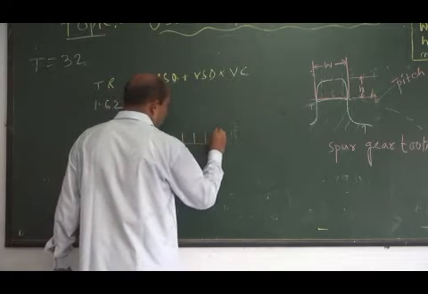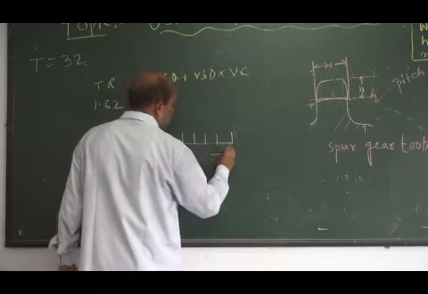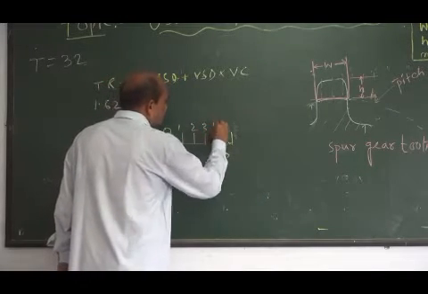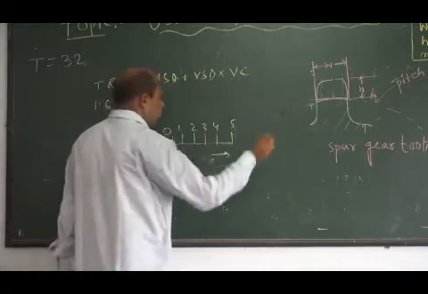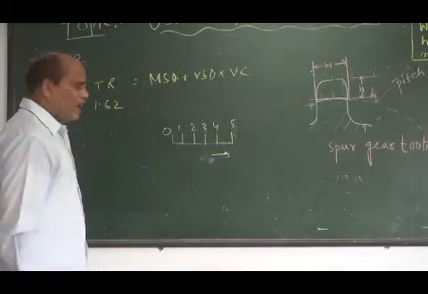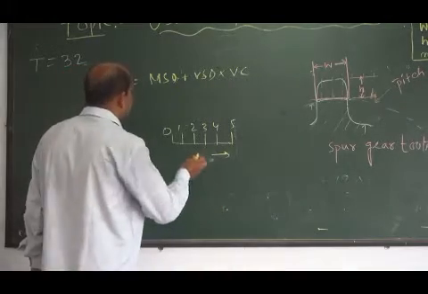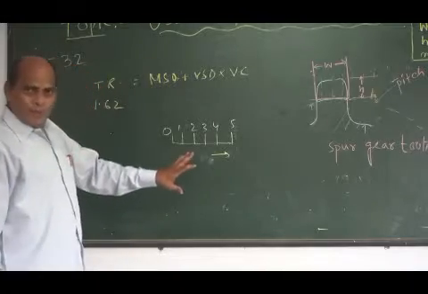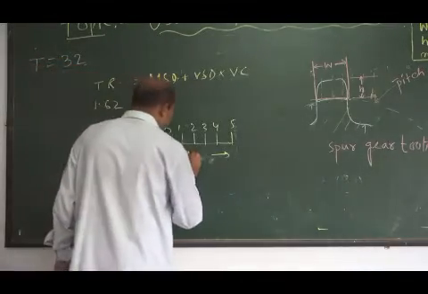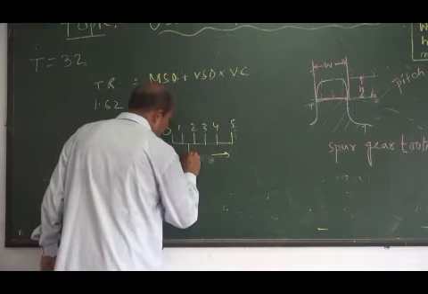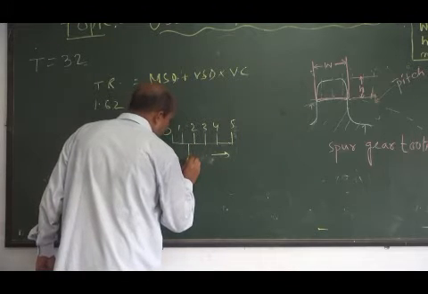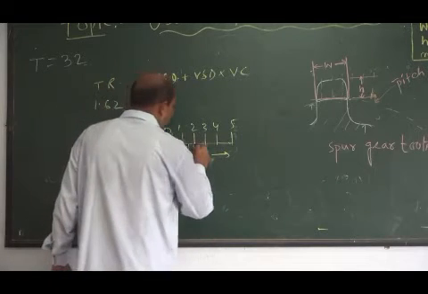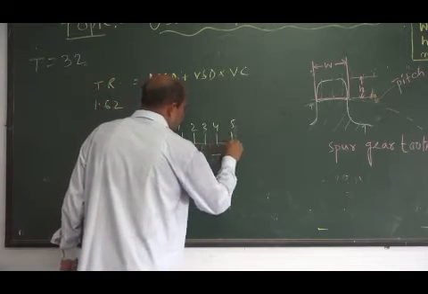So this is 0, this is 1, this is 2, this is 3, this is 4, this is 5 and so on. So this is the main scale. Our reading, that is 1.62, will be in between 1 and 2. So vernier 0 will be in this position, and another division will be like this.